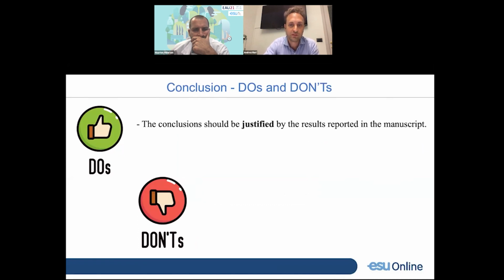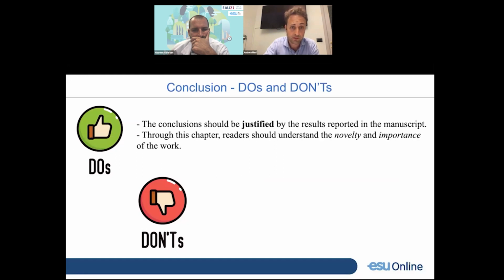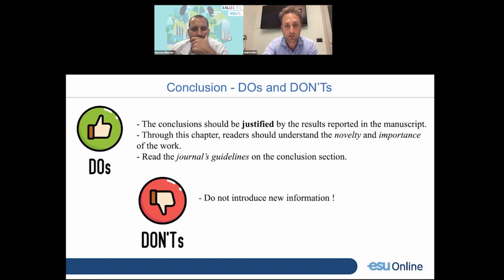So these are my personal tips and tricks. Conclusion should be justified by the results that are reported in your manuscript, so without any further hypothesis. And through these sentences, show the readers the quality of your work, its novelty, its importance, and also consider reading with attention the journal's guidelines before sending the article to the journal.